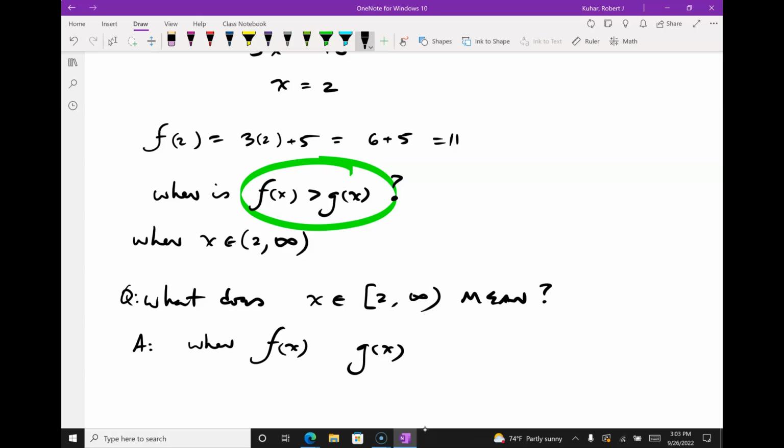What am I putting in between f of x and g of x here? Not greater than, but greater than or equal to, right? So now I'm saying, allow them to be at the same height, but then I want f to be higher for the rest of the way.